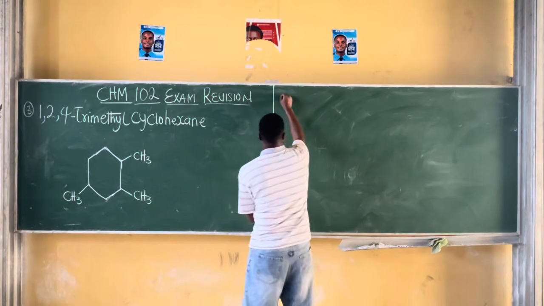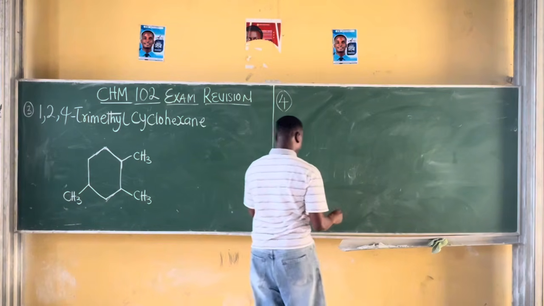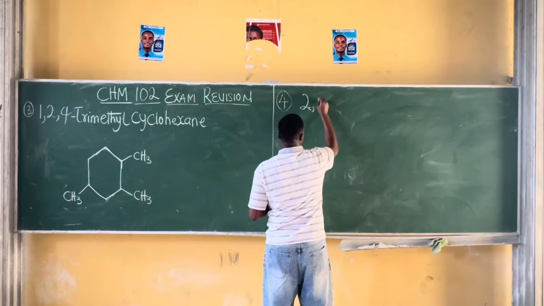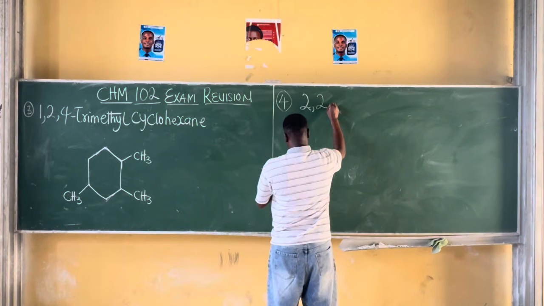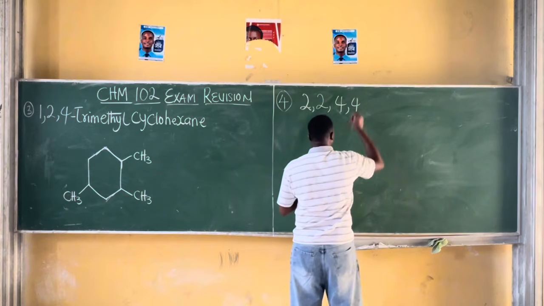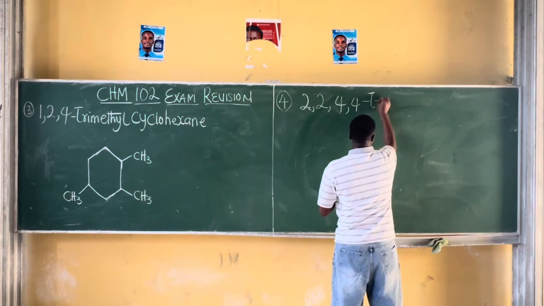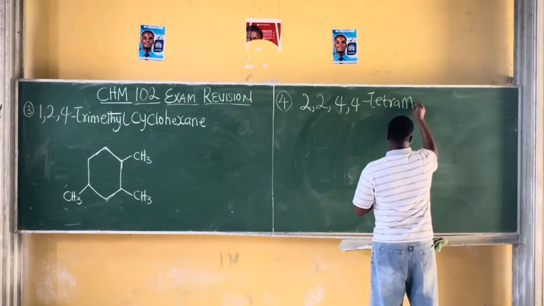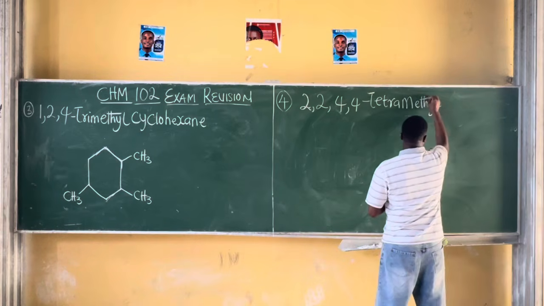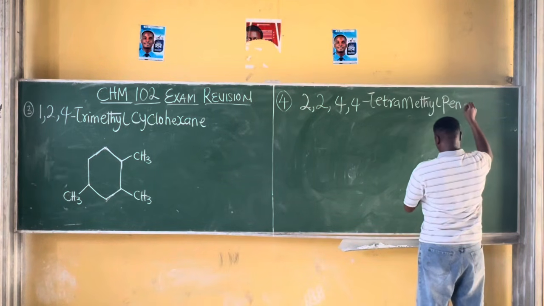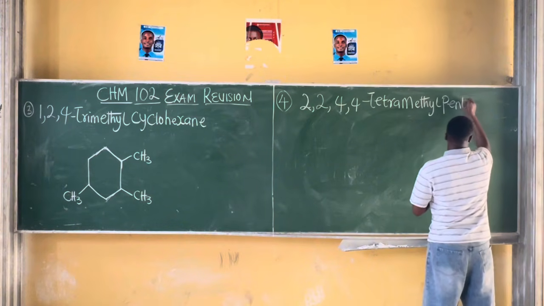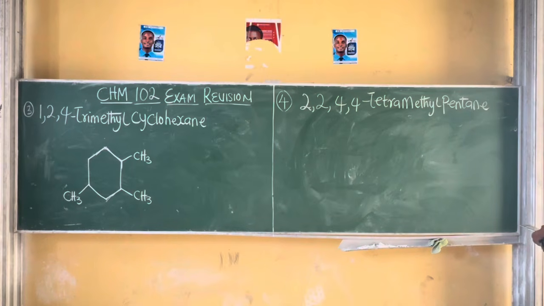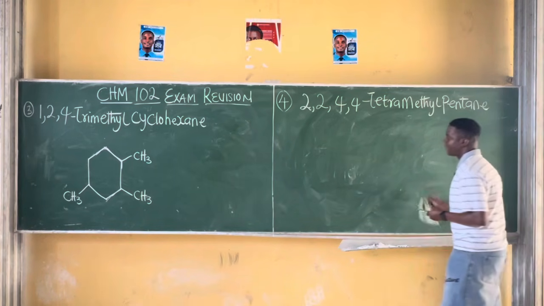All right, so question number 4 says we should draw 2, 2, 4, 4 tetramethylpentane. 2, 2, 4, 4 tetramethylpentane.